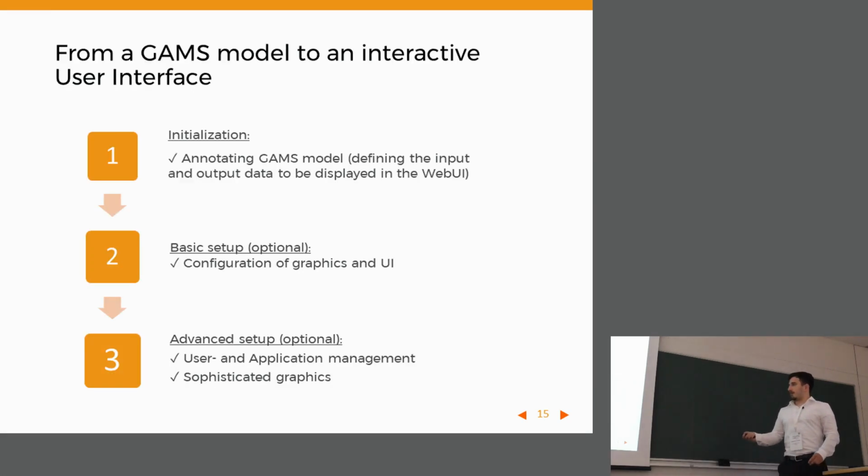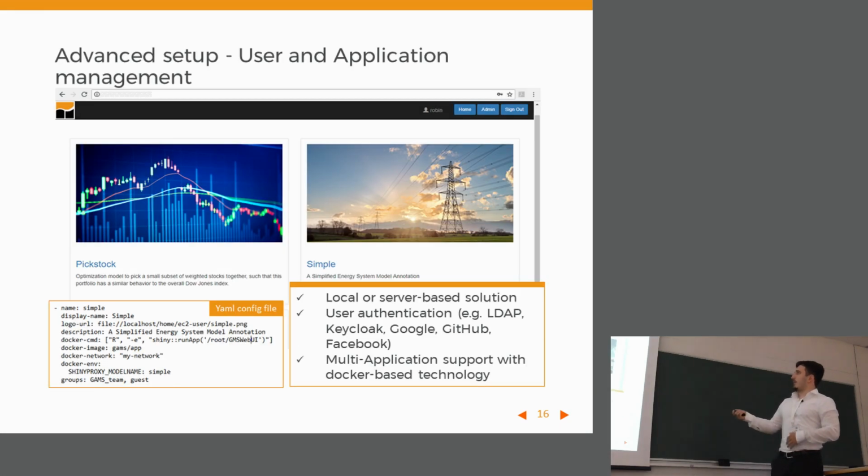And if that's still not enough for you, and you are a big enterprise company or whatever, and you want more sophisticated graphics or some framework for managing the different models you have and the different users you have, you can also do that within a framework we support that is also based on Docker, and it can be deployed on a local machine or a server-based solution, and it comes with enterprise features like user authentication, social authentication, LDAP, all that stuff.